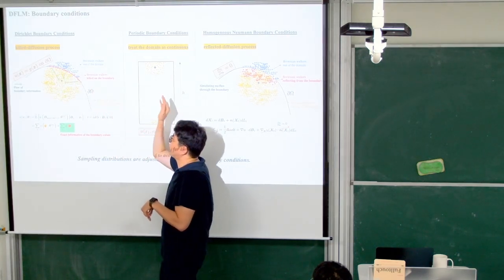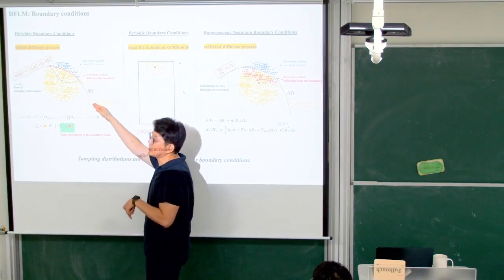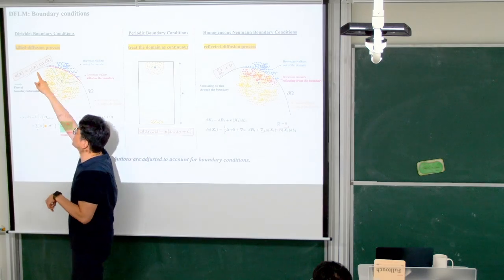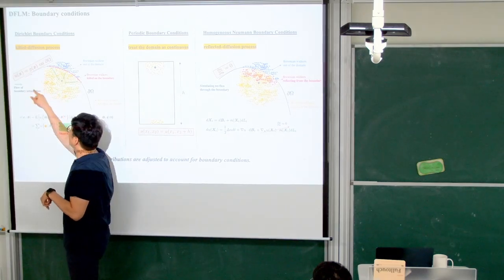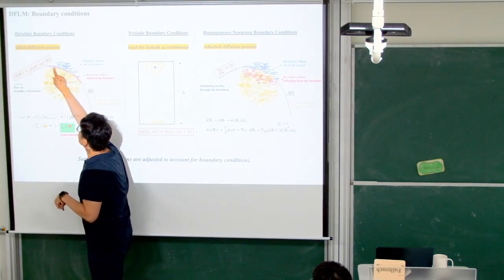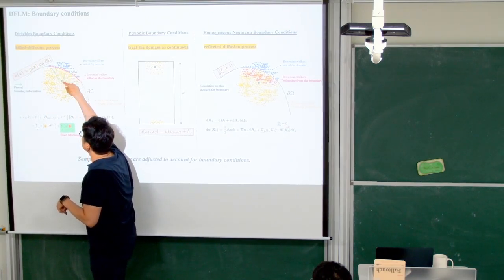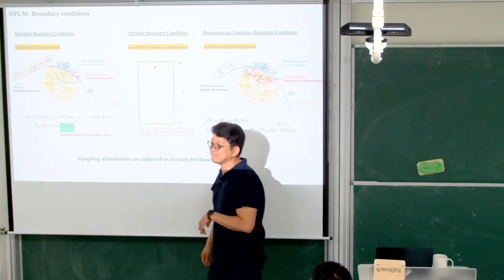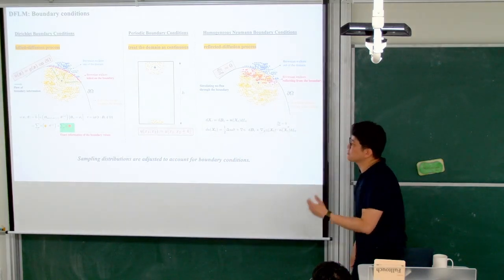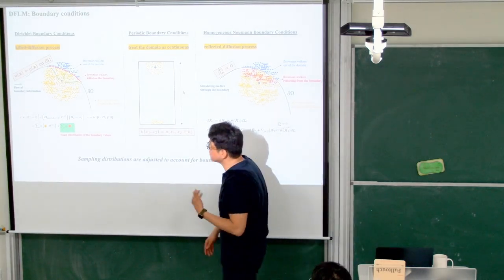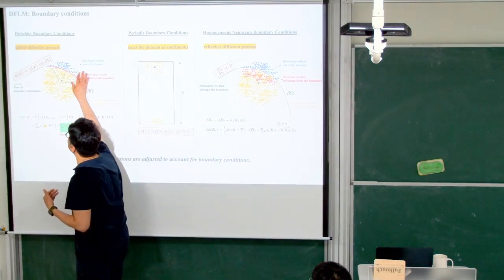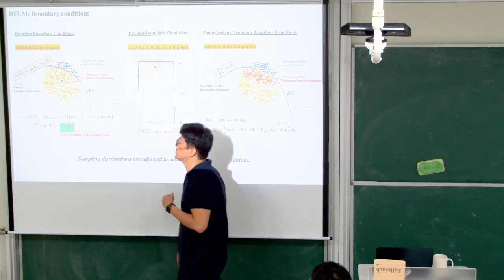The red one is on the Dirichlet boundary, where we have the exact solution. So when taking the average, the exact information of the boundary flows into the interior. In such a manner, the trained neural network automatically satisfies the boundary conditions.